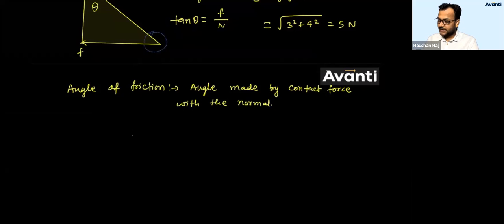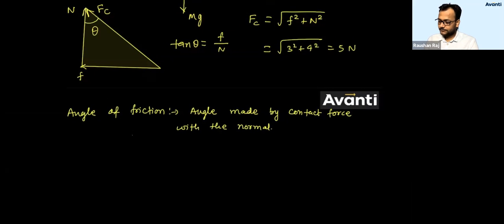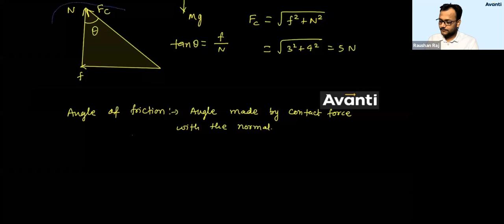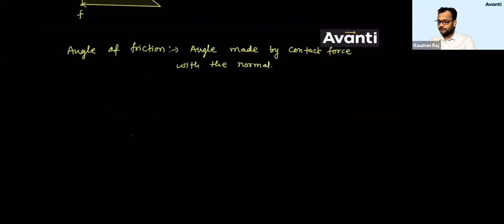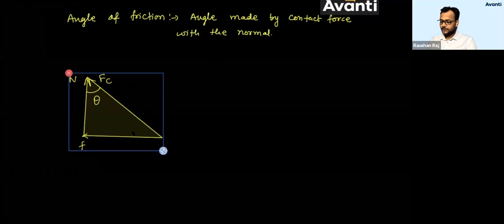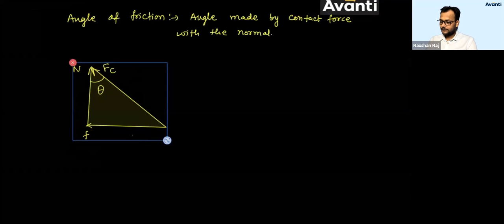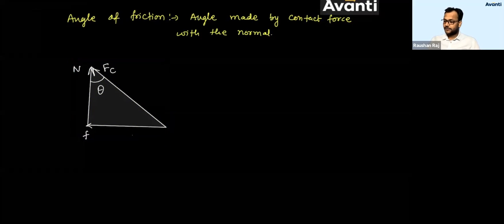If I copy this diagram here, मैं इसको सेम डायग्राम को कॉपी करता हूं. Consider this is the diagram we are having. Friction इधर है, normal ऊपर है. This is friction, this is normal. So angle made by FC, this is the contact force, with the normal, is theta.